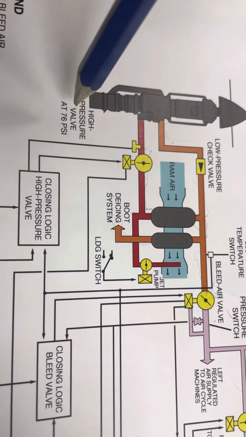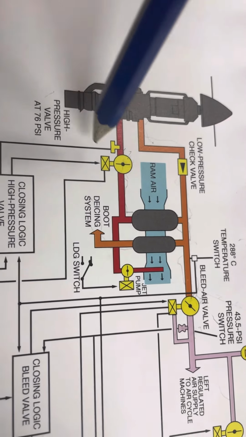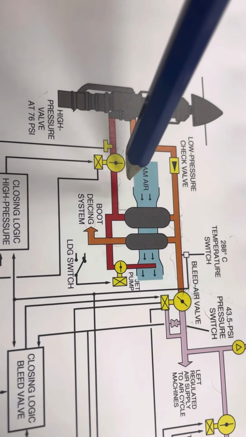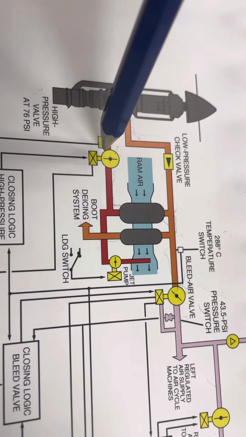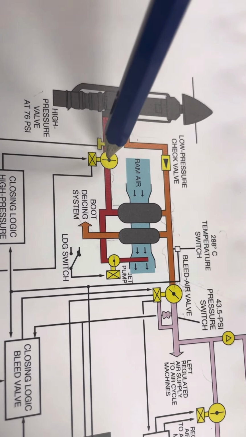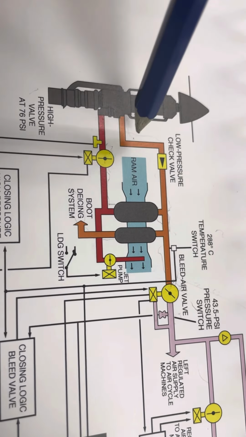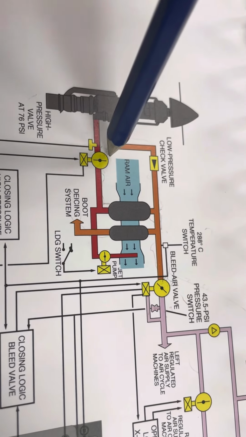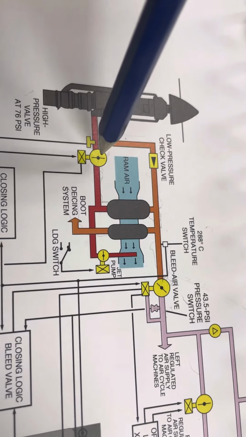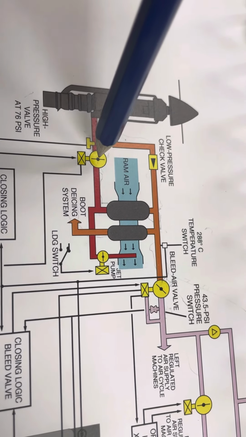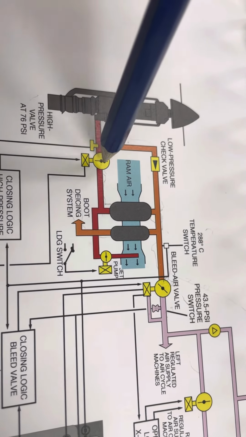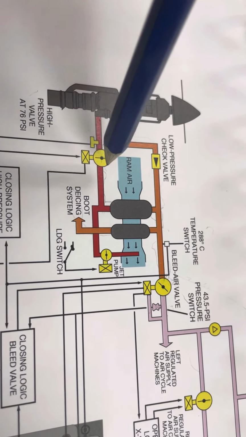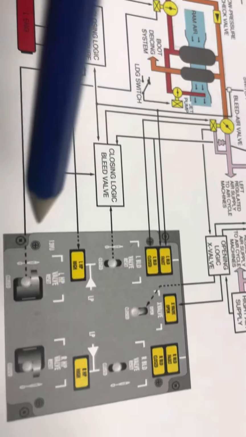Now, I can't read that on a gauge, so I don't care what that number is, but when there's insufficient pressure at the switch, it tells the HP bleed valve to open because the logic of the valve states at 76 psi, there's way too little low pressure bleed air to supply the system. Therefore, I have to open up and do my job. This typically is going to be either in your descent when your power's back, or it could be in cruise if you pull your power back just to fly slow.